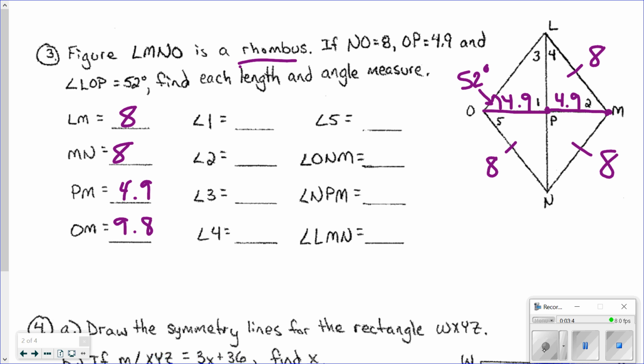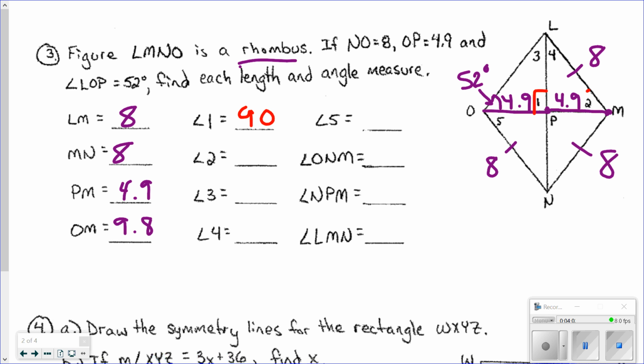All right, so now we're going to get into the angle measures. Angle 1. So angle 1 is right here, and it's the angle created when the two diagonals collide. Once again, we know that the diagonals in a rhombus are perpendicular bisectors, so angle 1 is 90 degrees.